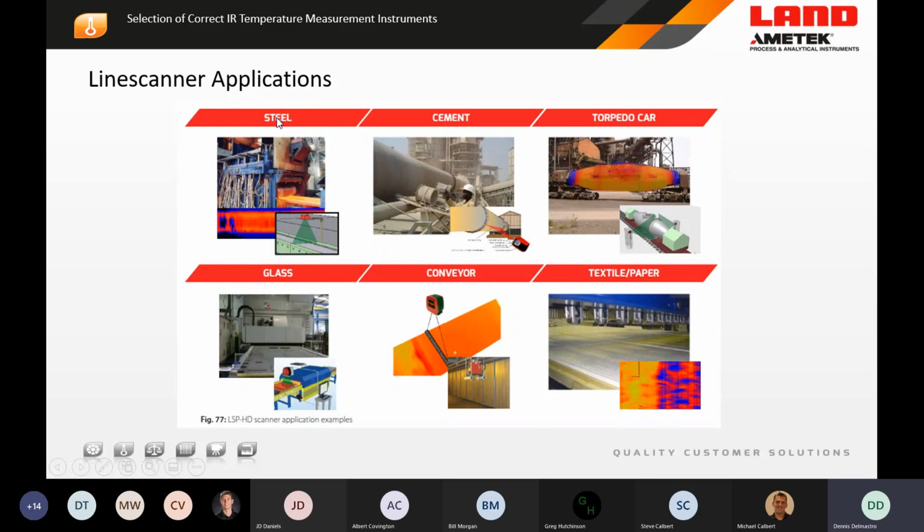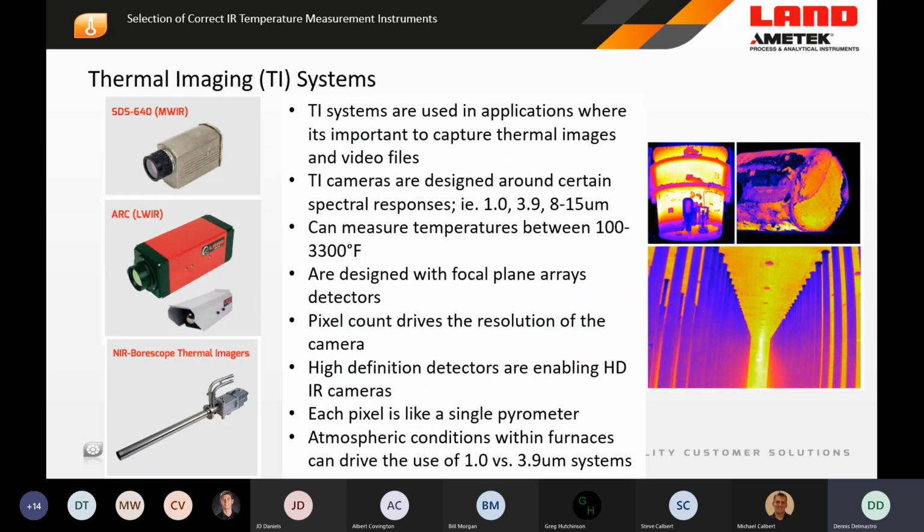It operates in all kinds of ways in the steel industry, cement, unique applications like torpedo cars, low E glass, container glass, flat glass, conveyors for coal, biomass, anything being transported that could potentially combust, textiles, paper, wood products, plastics, the list goes on and on. So it's a very versatile way of determining temperatures.